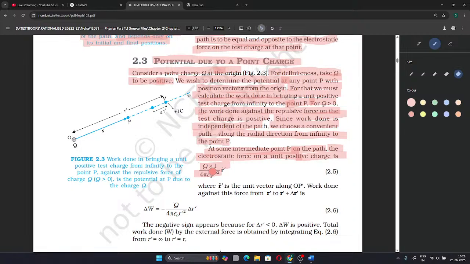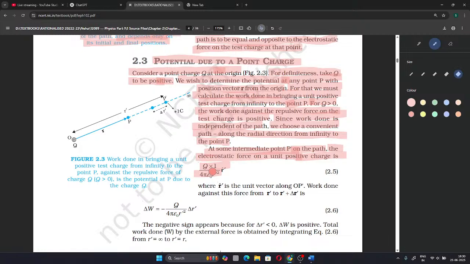For that, we must calculate the work done in bringing a unit positive test charge from infinity to point P. For Q greater than 0, the work done against the repulsive force on the test charge is positive. Since work done is independent of path, we choose a convenient path along the radial direction from infinity to the point P.